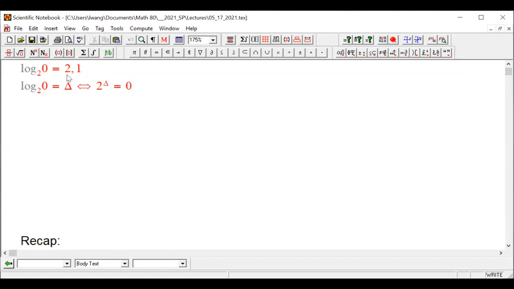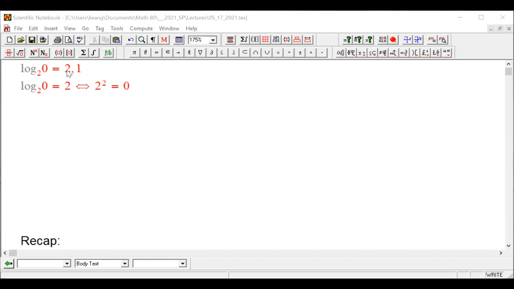So whatever that value is, if this is a 2, is 2 squared equal to 0? That is not true. Therefore, it is not 2.